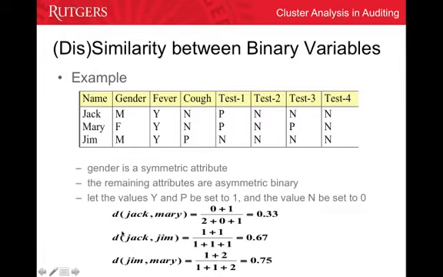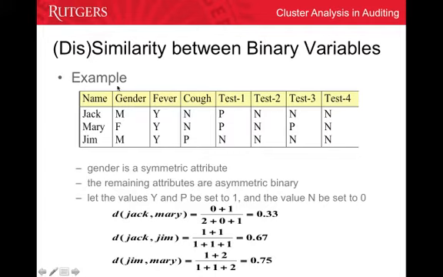Then let's take a look at Jack and Jim. First, we also calculate the differences, like cough here, and the result of test 1 is different. So there are 2 differences between Jack and Jim. Then we need to add the ones.